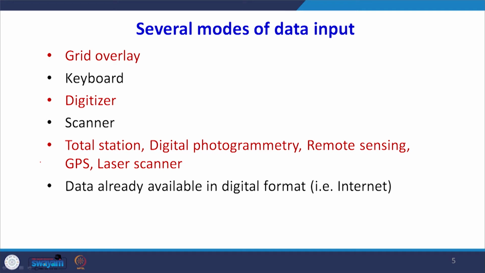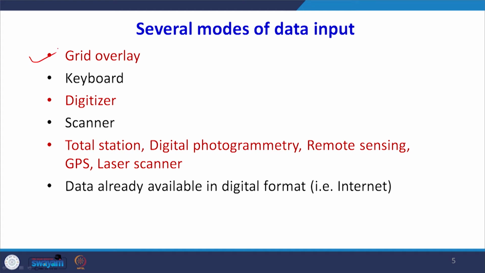If we look at the different modes through which I can give input to my GIS, a very old method, when computers, scanners and digitizers were not available, is the grid overlay method.